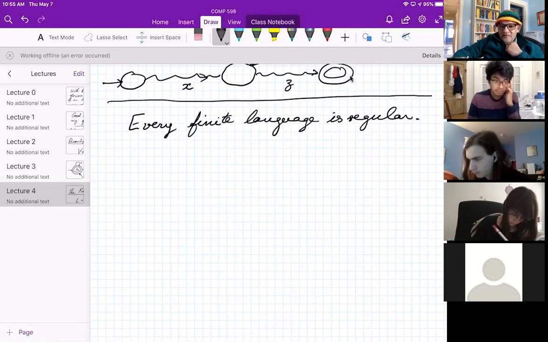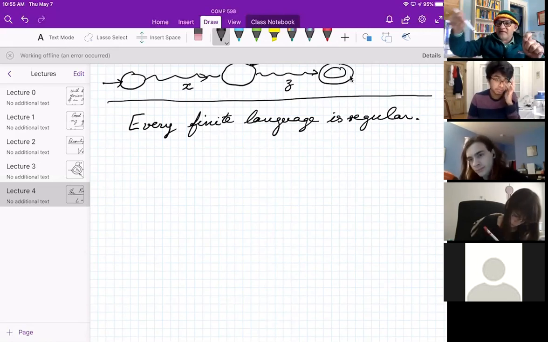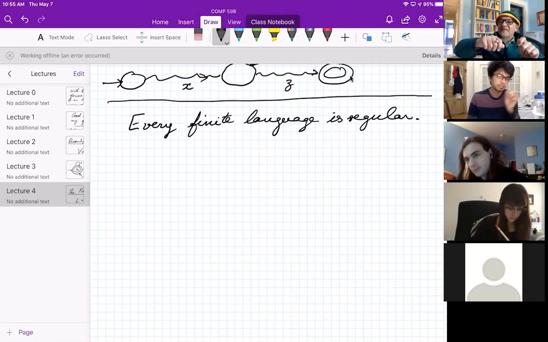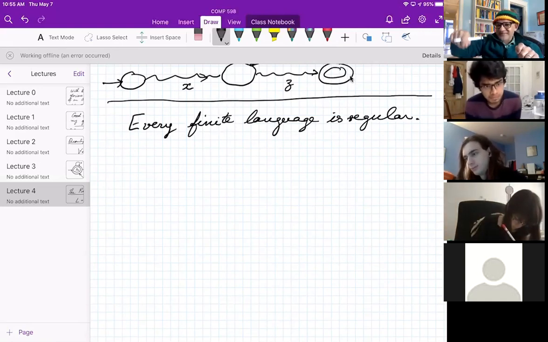How do we know? Well, the easiest way is to note, I can take every single word in the language, there are only finitely many, and write down exactly that word as my regular expression, plus the next word, plus the next word, and it's finitely many pluses, so it's in fact a regular expression. So there must be an automaton for it. So any finite language, straight off the bat, is regular.